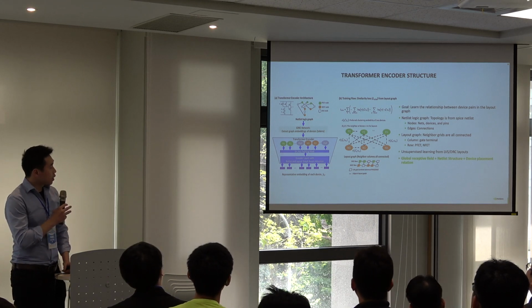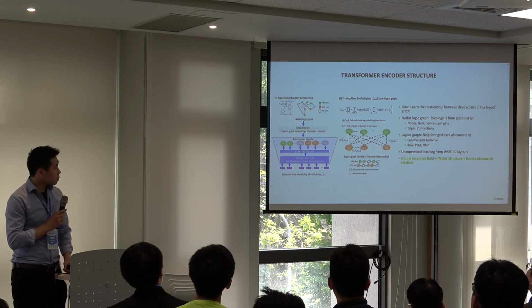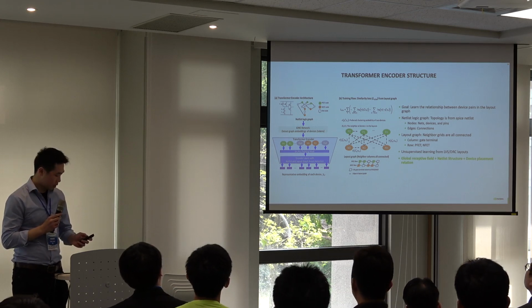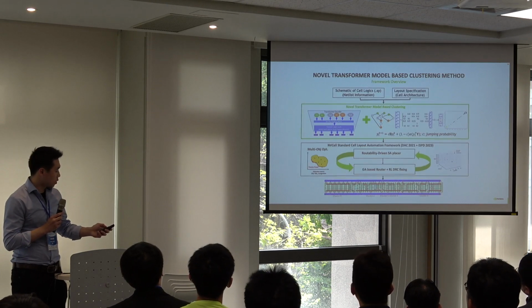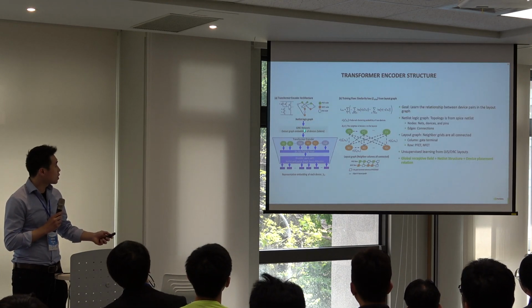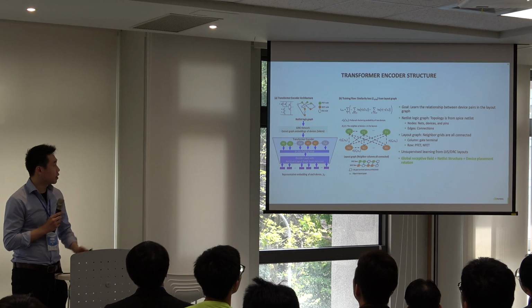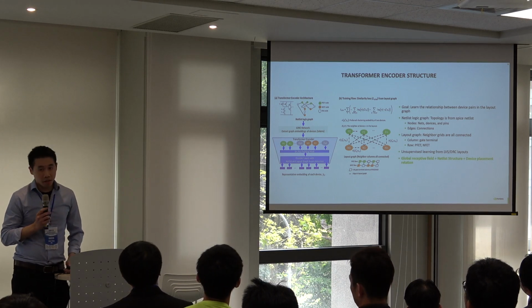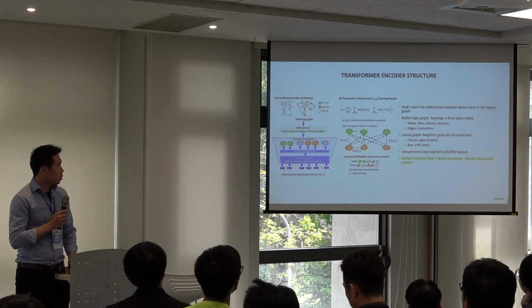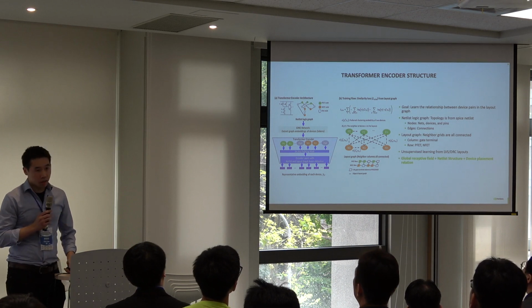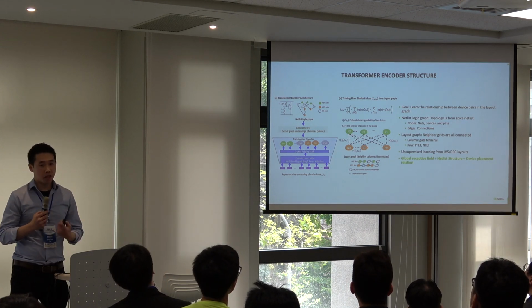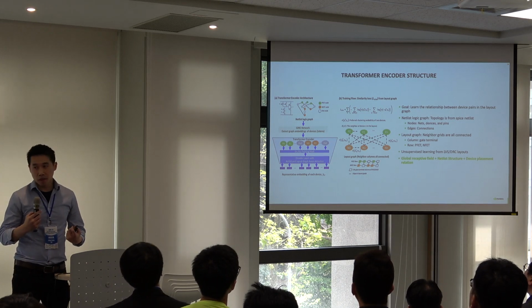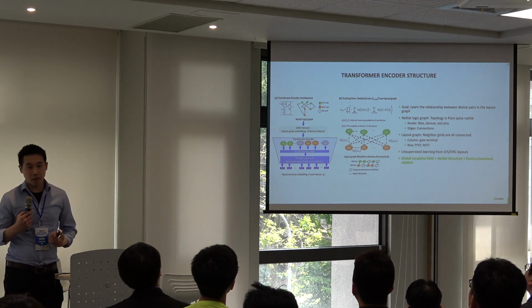In this architecture, given the SPICE netlist, we extract the netlist logic graph and feed it into the GNN to generate graph embeddings, and we treat them as a sequence as input to the transformer encoder architecture.